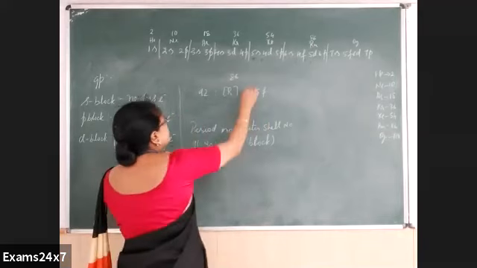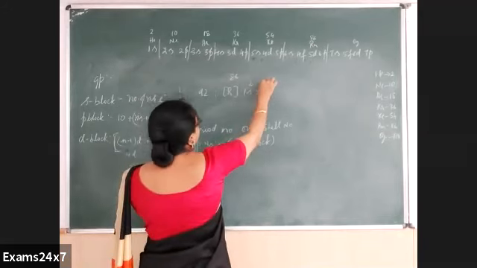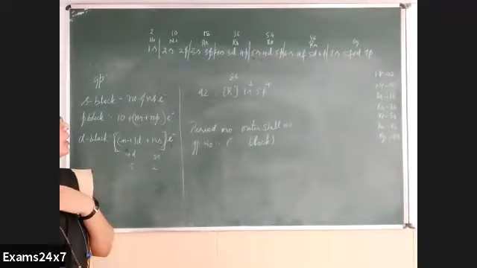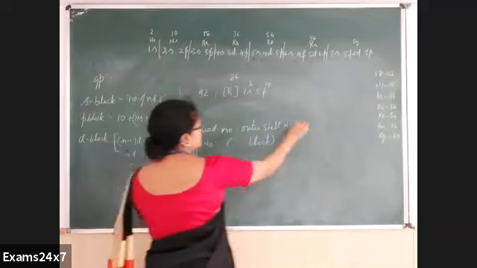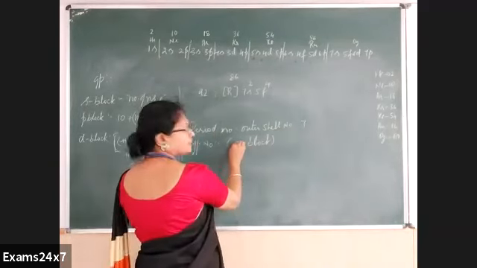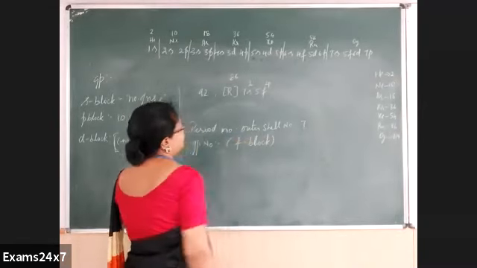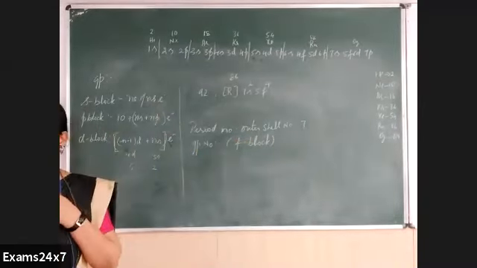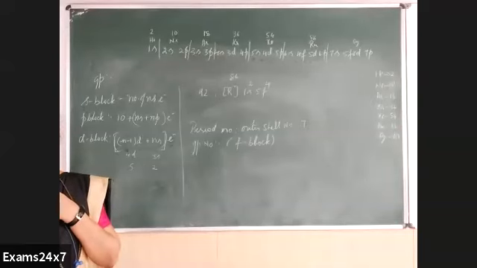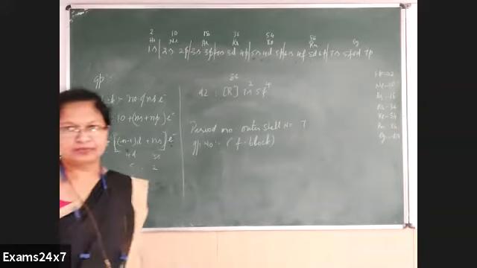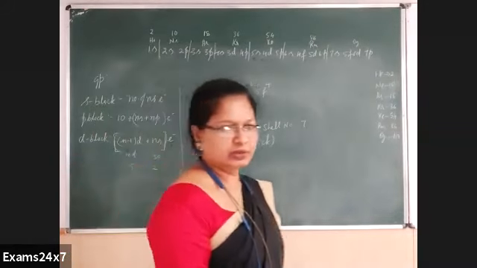Correct? 7s2, 5f4. So period number is 7. Which block? F block. Group number? Group number we don't say. For f block, there is no group. It is a continuation of the third group itself. Don't write a group number here. Can't predict.